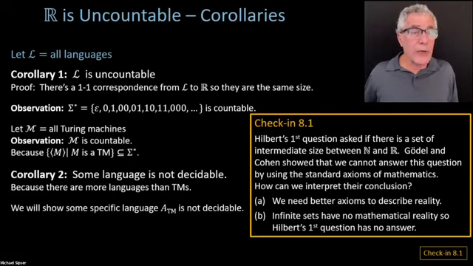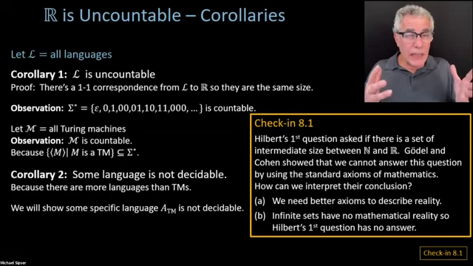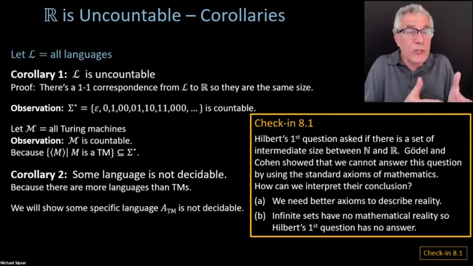What's going on here that we can't answer that question about whether there is a set of intermediate size? Is it because our axioms for mathematics are inadequate? Or maybe there is no such thing as a mathematical reality. You can talk about, what's real here? What's the reality? Either there is a set in between or not.